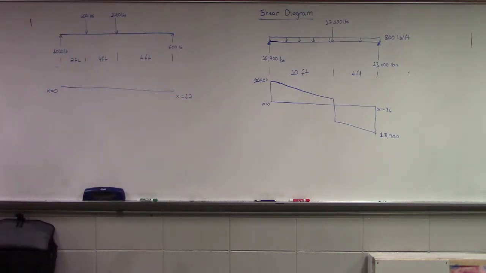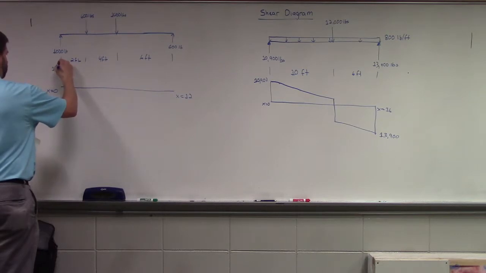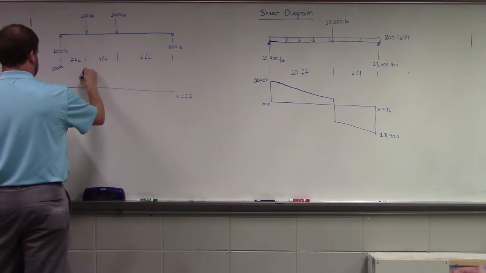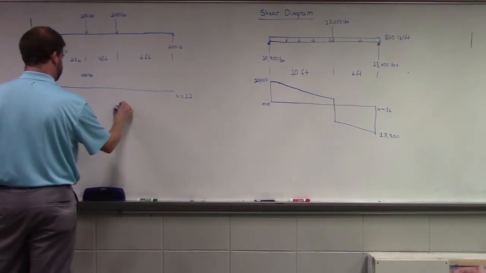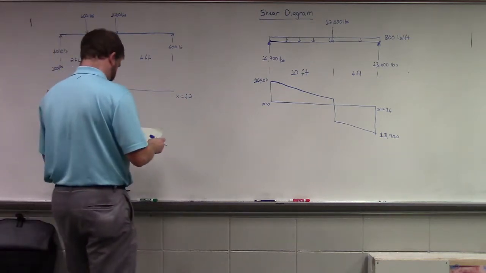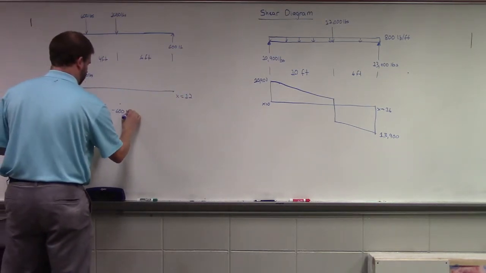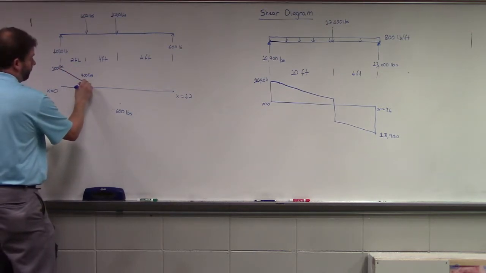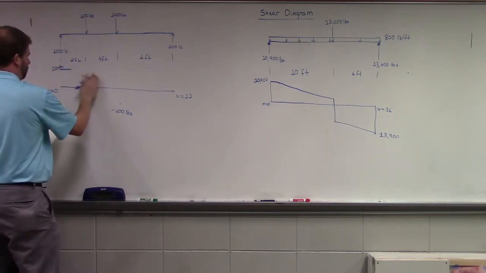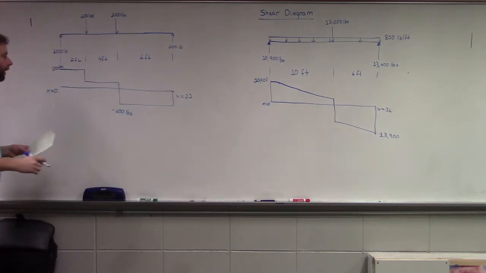Okay. So here we would have, at 0 we had 1,000 pounds. 400 pounds.